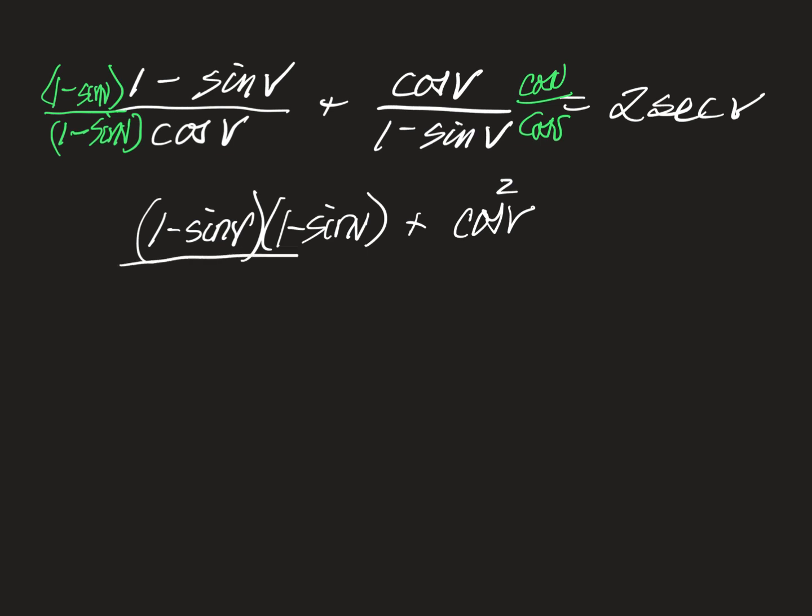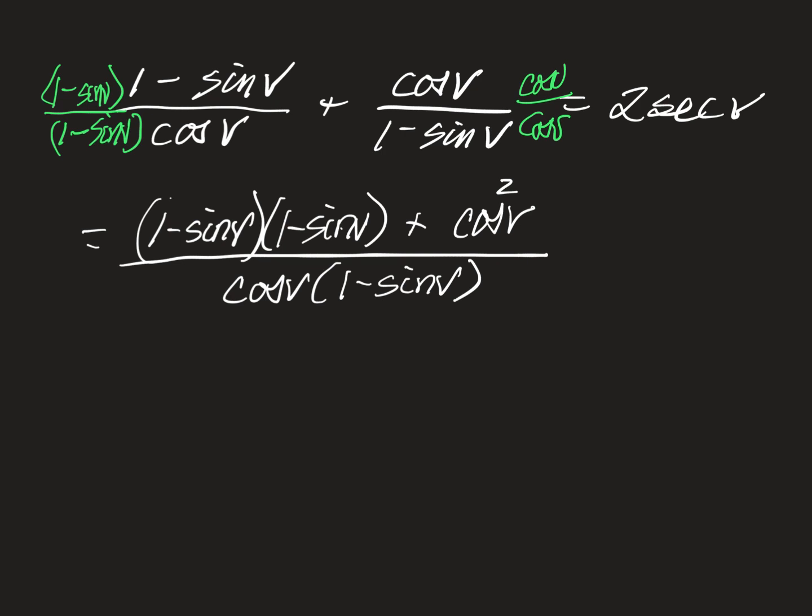And then the denominator of the whole side will be the common denominator, which is cosine v times 1 minus sine v, okay? Now, it doesn't look like I made it any easier, but what I notice is I'm going to get a sine squared when I multiply, and sine squared plus cosine squared is 1, so that is going to make some things easier.